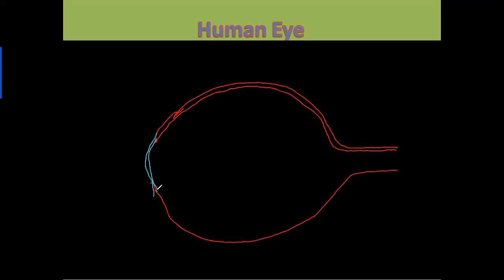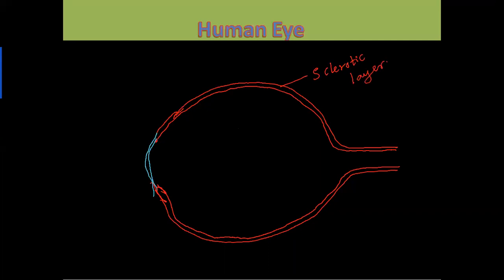This is the human eye. Its appearance is like this. The first layer is called the sclerotic layer. I just label it. After that, we will see the diagram. Here is the sclerotic layer.